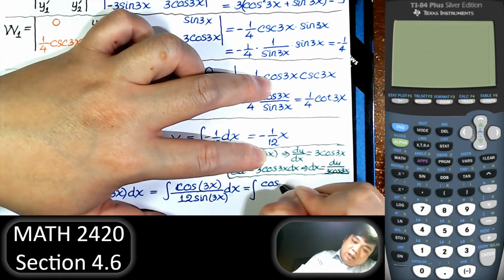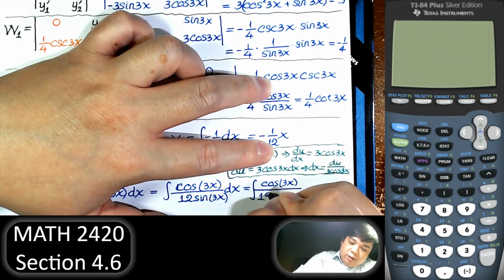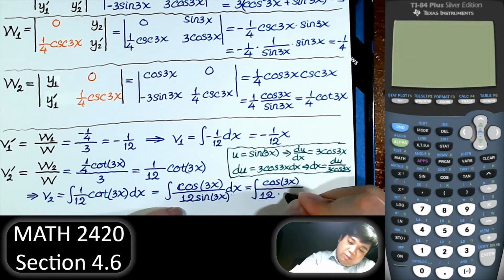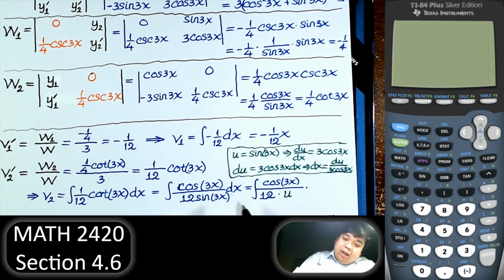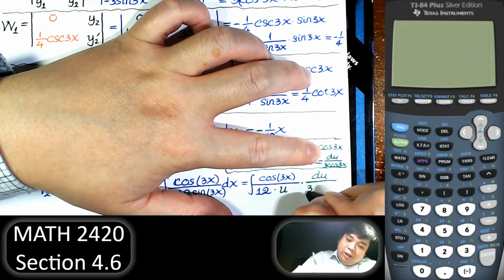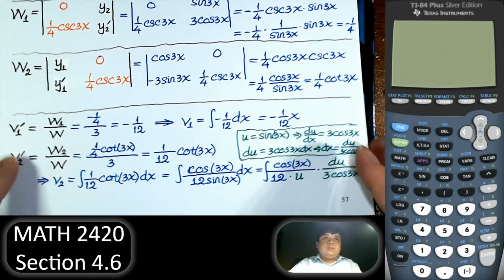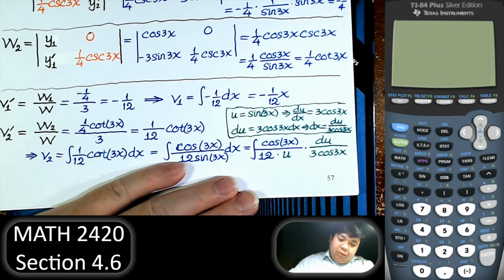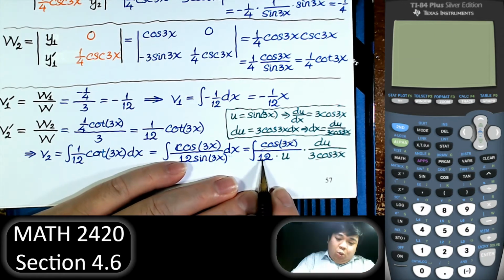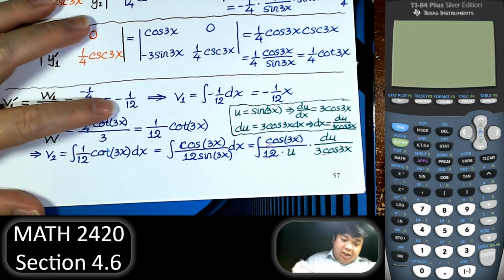For that, I can substitute into dx. Cosine 3x still there. 12. Now sine of 3x, we let that equal to u, so times u. Dx is going to be du over 3 cosine of 3x. Cancel out. 12 and 3, that gives us 1 over 36 come outside of the integral.